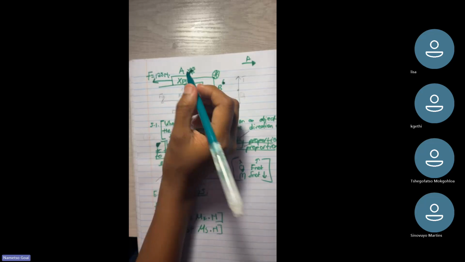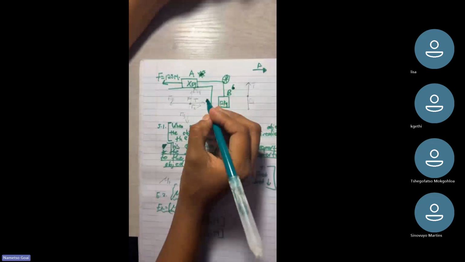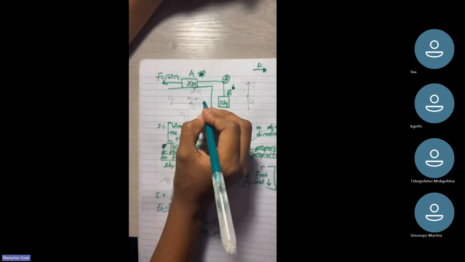And we're given mu k. Now let's look at our block A, because now they want us to calculate the tension over here.